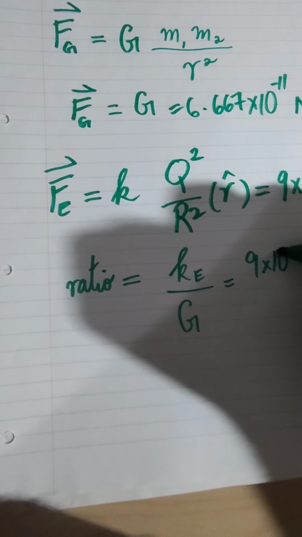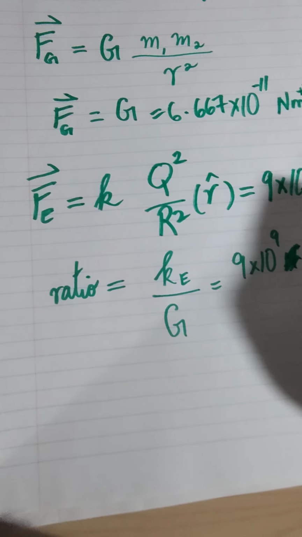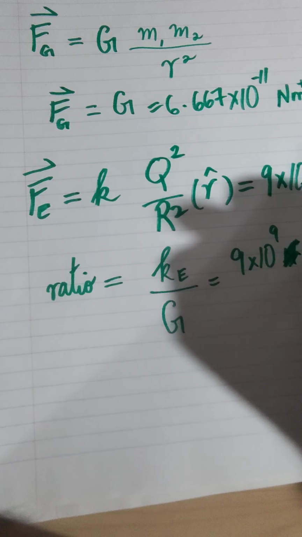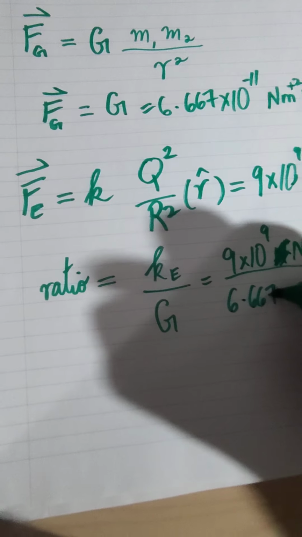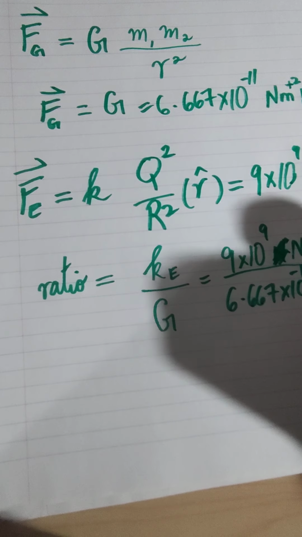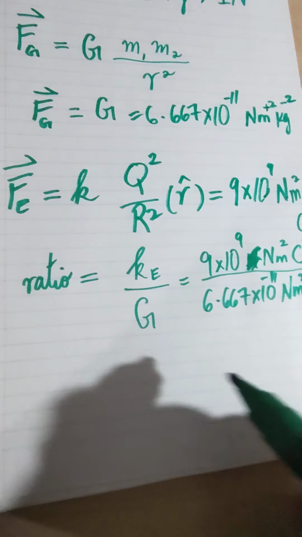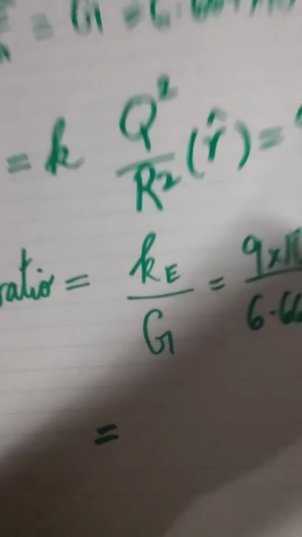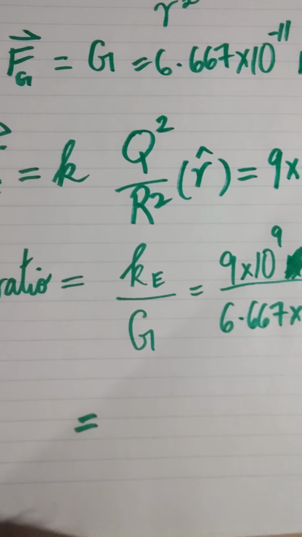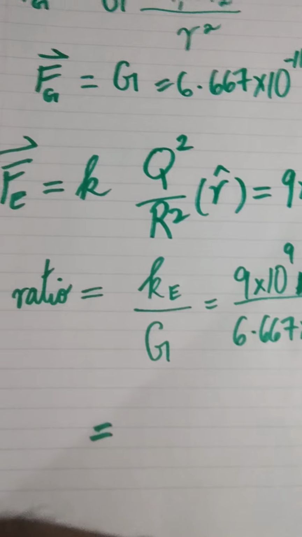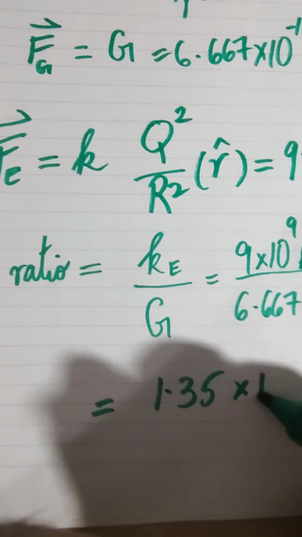So you'd get 9 times 10 to the power 9 newton meter squared per coulomb squared, divided by 6.667 times 10 to the power minus 11 newton meter squared per kg squared, and you'd get the answer 1.35 times 10 to the power 20.